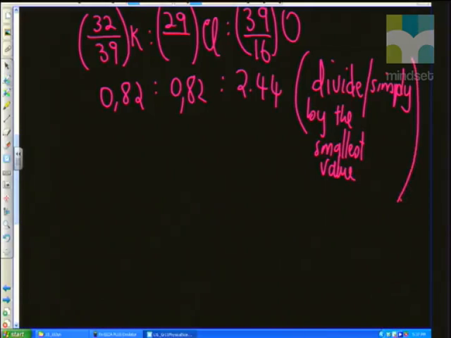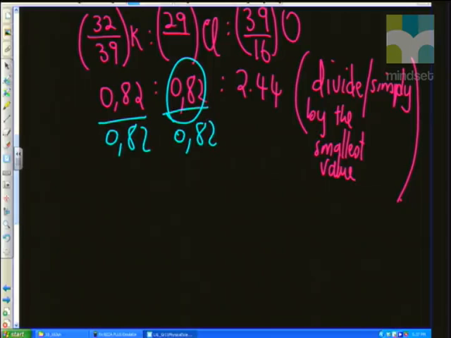What is the smallest value here? The smallest value is 0.82. So if you divide by 0.82 throughout, you're going to get a ratio that says 1:1:2.